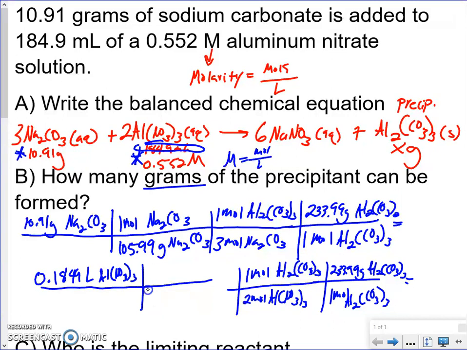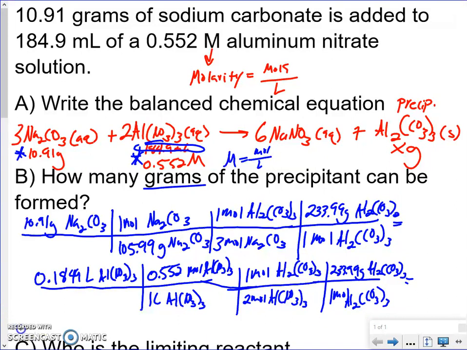It's how many moles there are in 1 liter. So for every 1 liter of my aluminum nitrate solution, I have 0.552 moles of aluminum nitrate. And now, connect my train tracks, convert my moles of aluminum nitrate into moles of aluminum carbonate, and continue on. So there's a second way we can work out these problems.